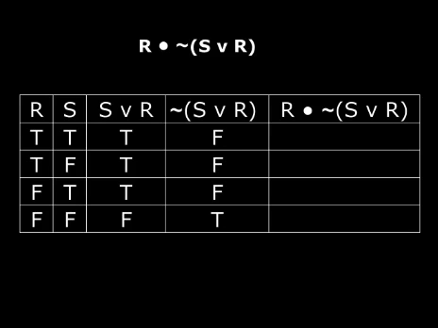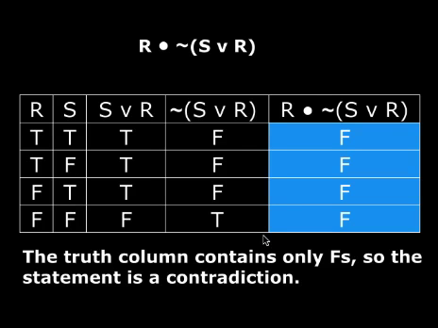The negation is going to look like that. And now we're going to do the conjunction of those two things. And it turns out it's always false. It's a conjunction. Here's one conjunct, here's the other conjunct, and you can see there's no row where they're both true. It's false all the way down. So our statement is a contradiction.